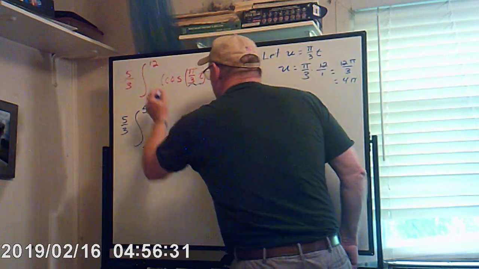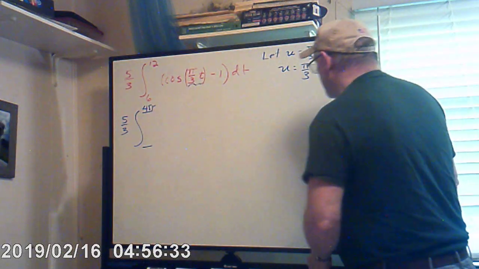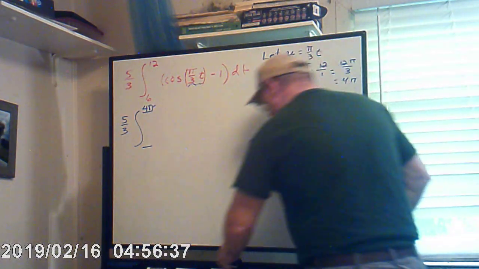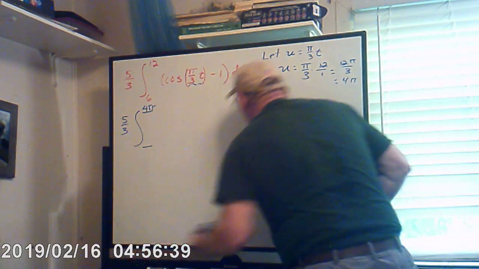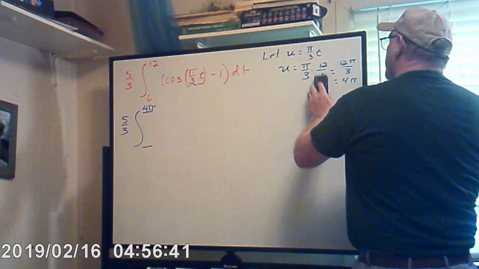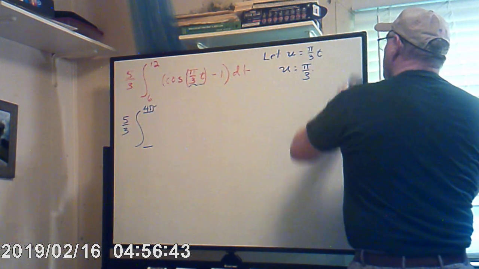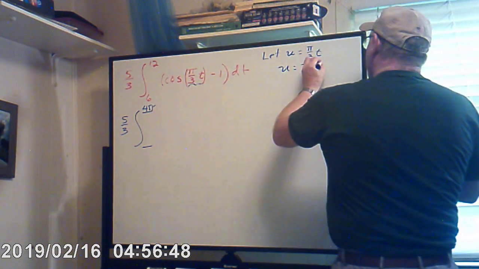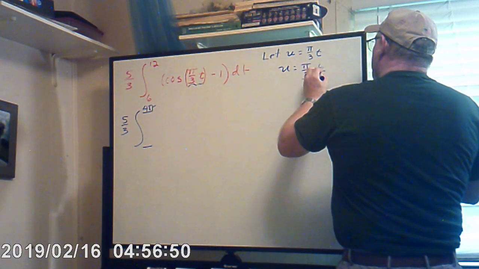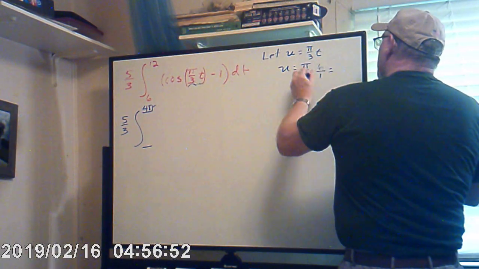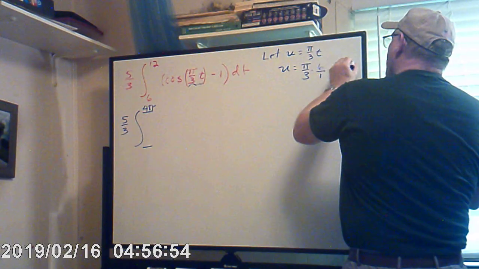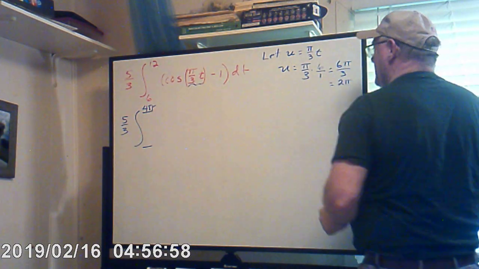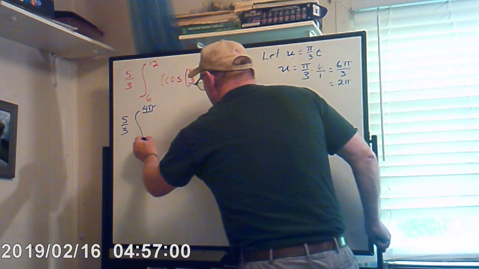I am not using 12 anymore. I substituted here. Let's do the same thing for 6. We'll plug the 6 in, just like that, in place of t. Now that's 6 pi over 3, which is 2 pi. I'm going to put it right here.